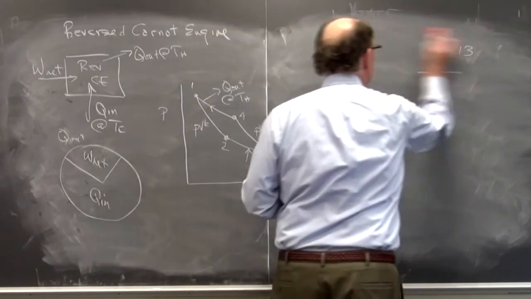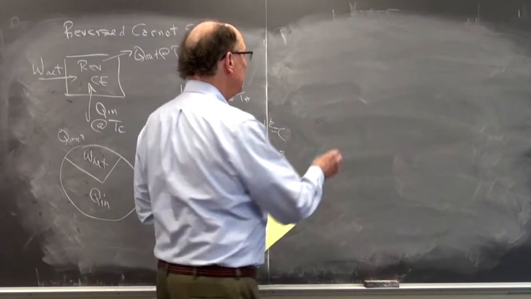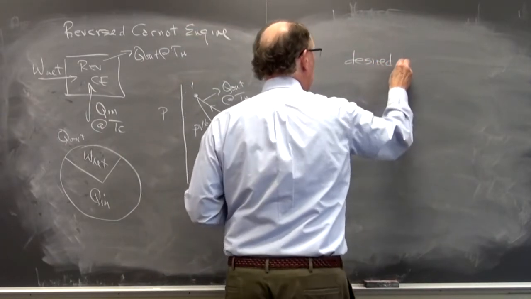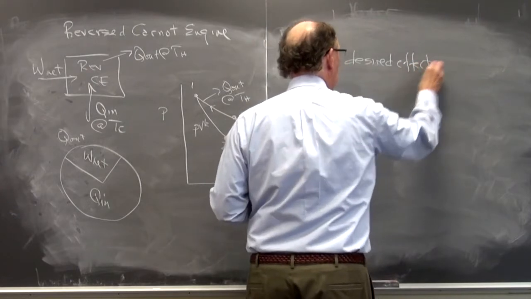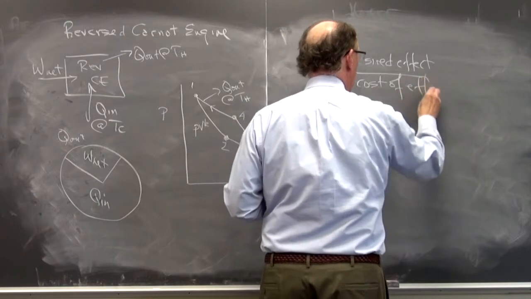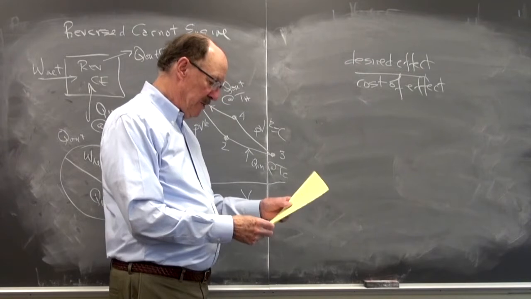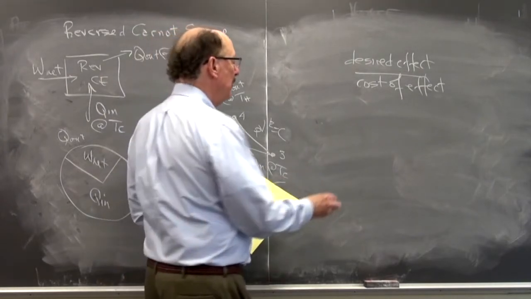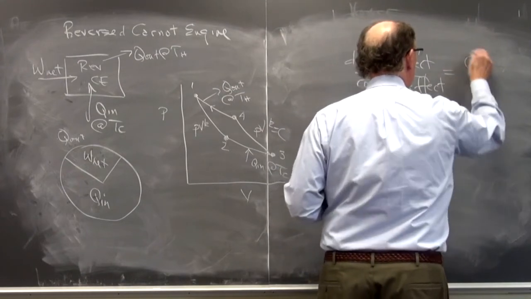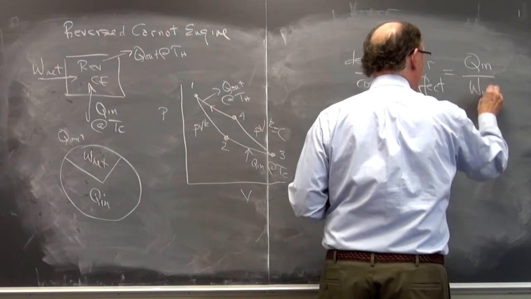So if I use philosophically the definition of desired effect over cost of effect, I have this, and now what I want to do is have cooling. So the desired effect is Q in, and the cost of the effect is W net.